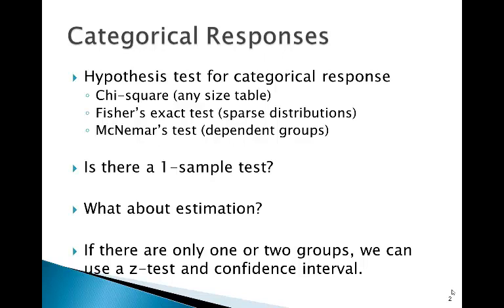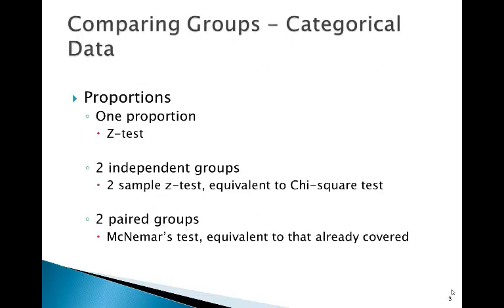If there's only one or two groups, we can also use z-tests and confidence intervals for proportions. In this section, we'll talk about the z-test for one sample, and then there will be another section with formulas for confidence intervals for two groups of independent and paired proportions.